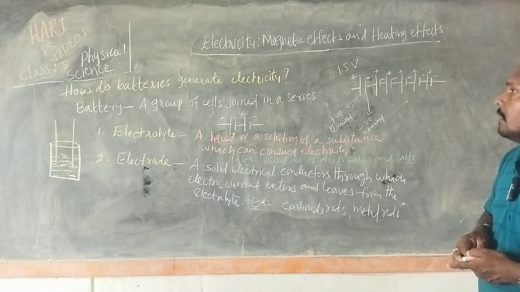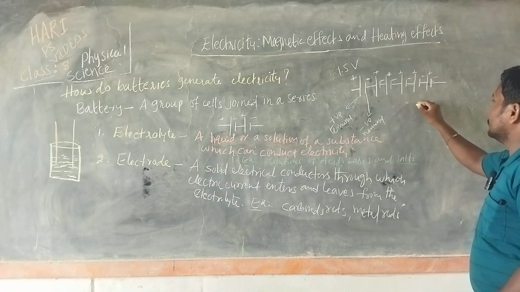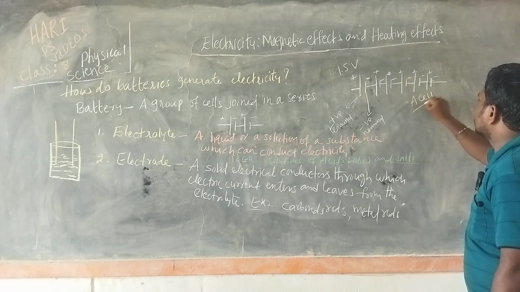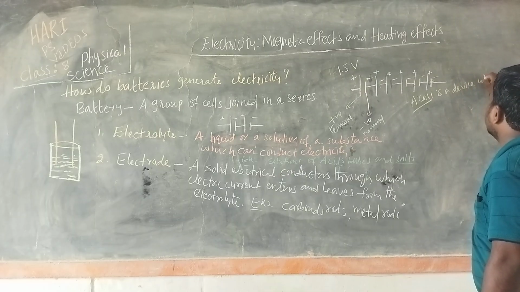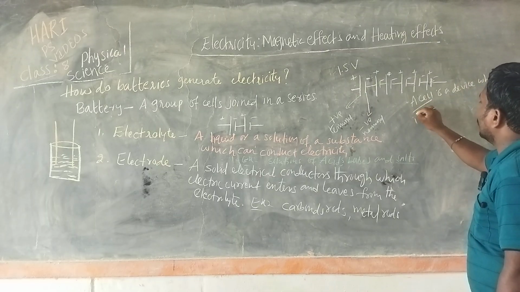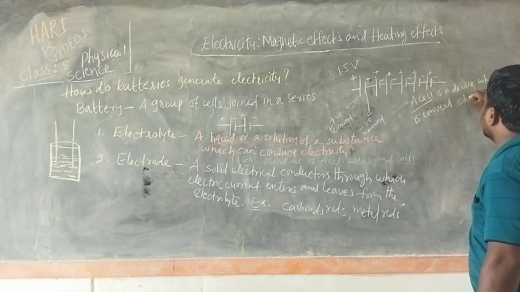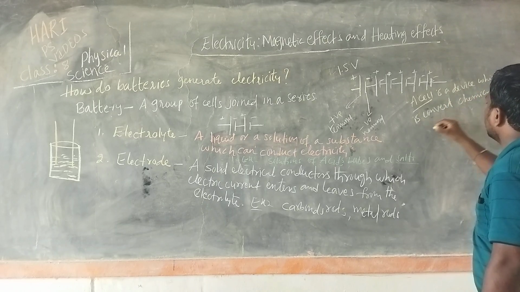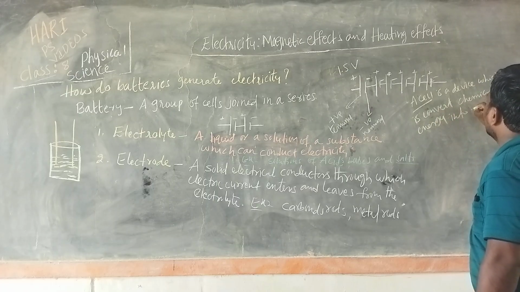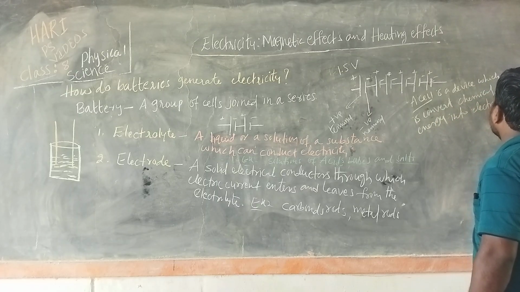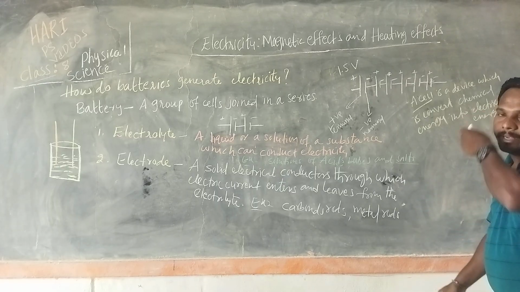First of all, let us know what is an electrochemical cell. What is a cell? A cell is a device which converts chemical energy into electrical energy.